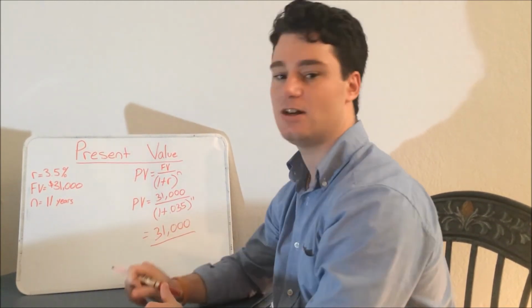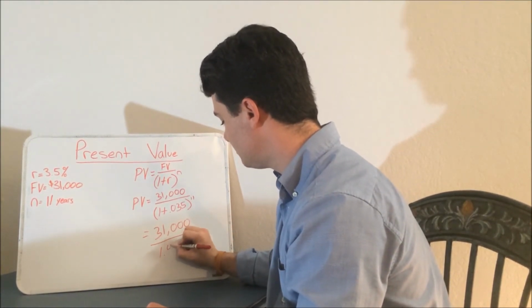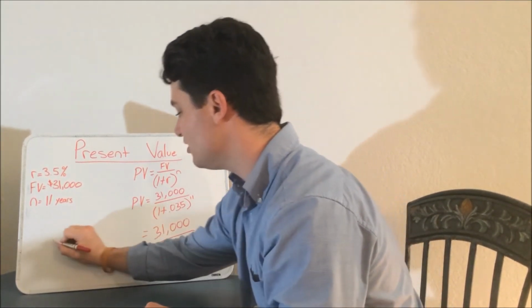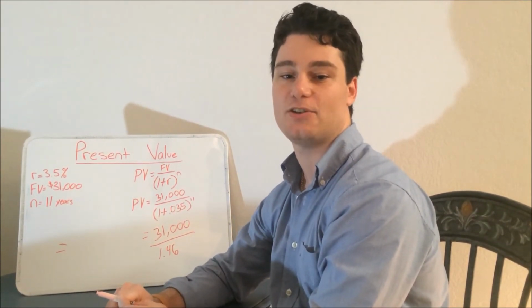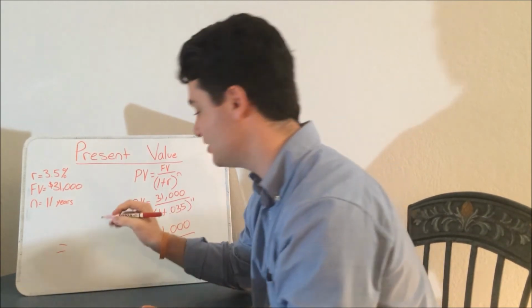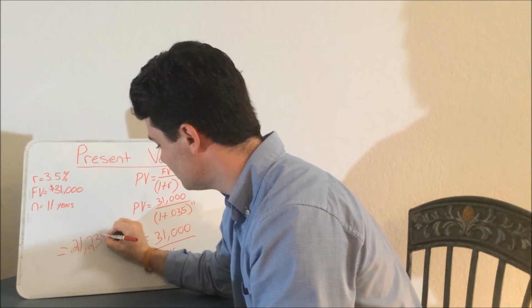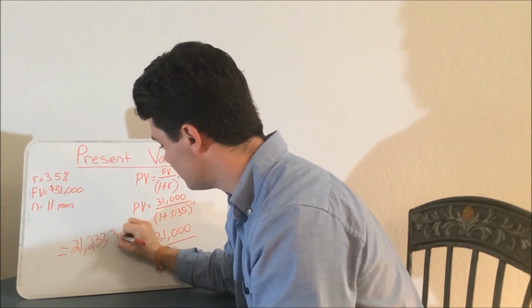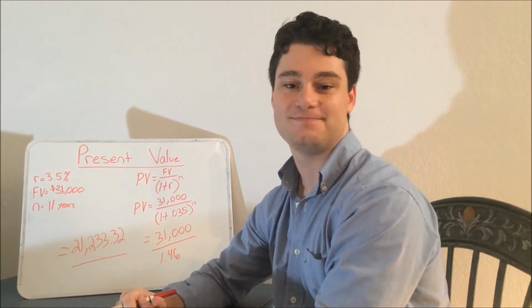And our denominator comes out to be 1.46. And finally, when we divide that out, we end up with $21,233.32. That's all there is to it.